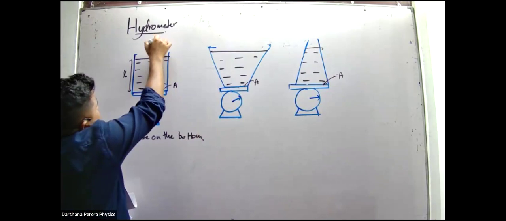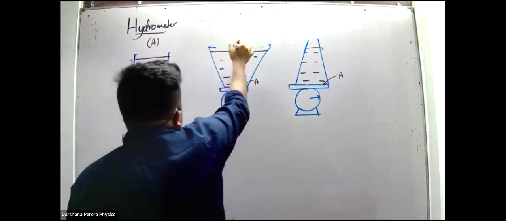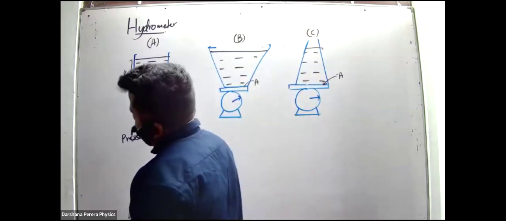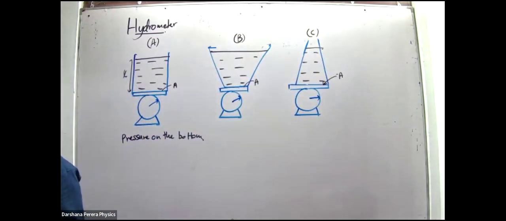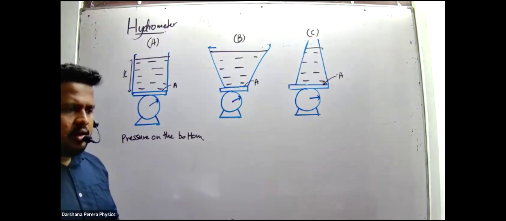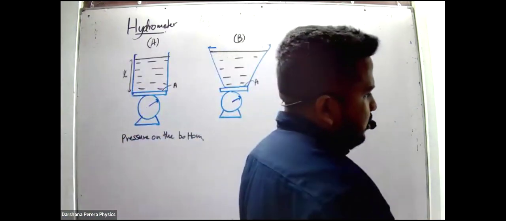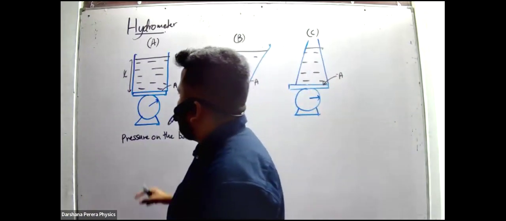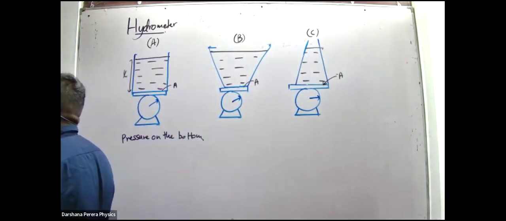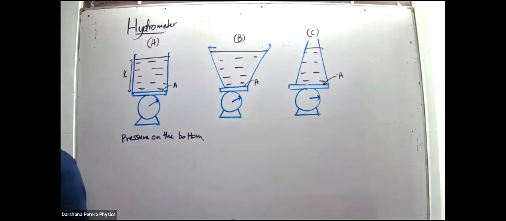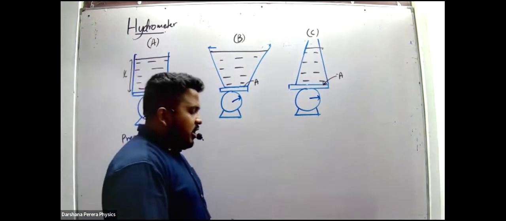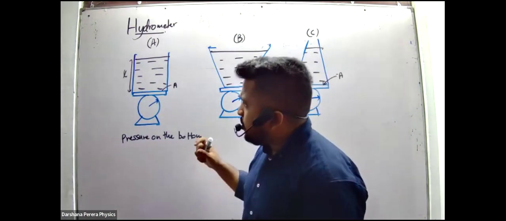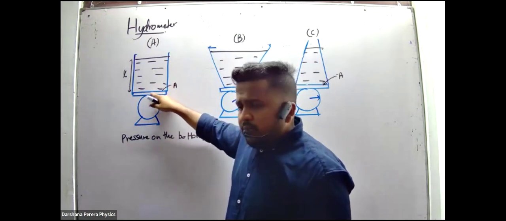I take this one as situation A, situation B, and situation C. We get three containers which have uniform cross sections. All the cross sections are equal. So we place the same height of water. Then we take the scale reading. So we know what is the pressure created on the bottom.